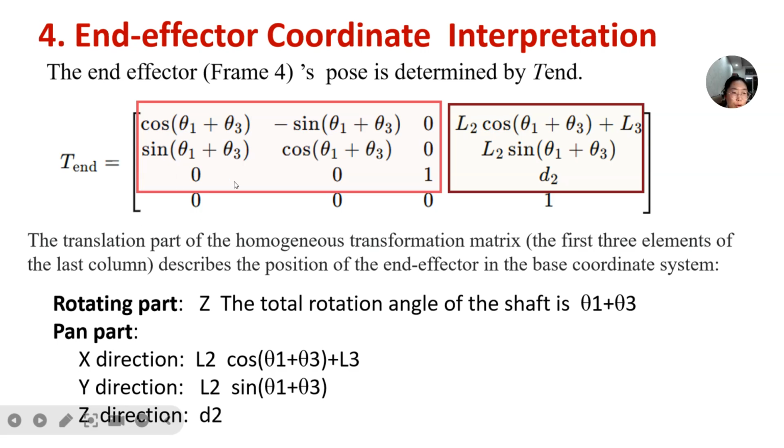The form of this rotation matrix indicates that the attitude of the end effector is only determined by theta 1 and theta 3.